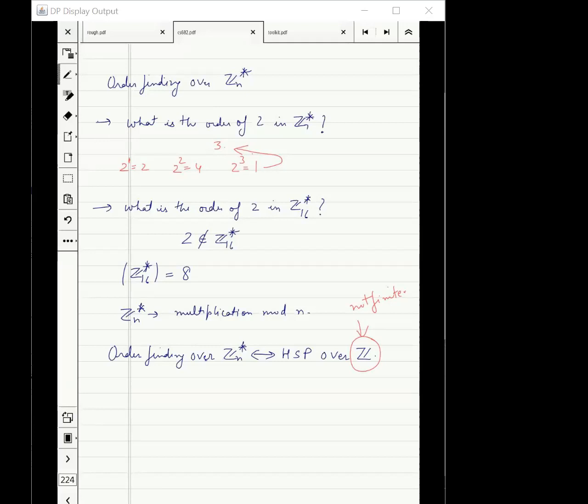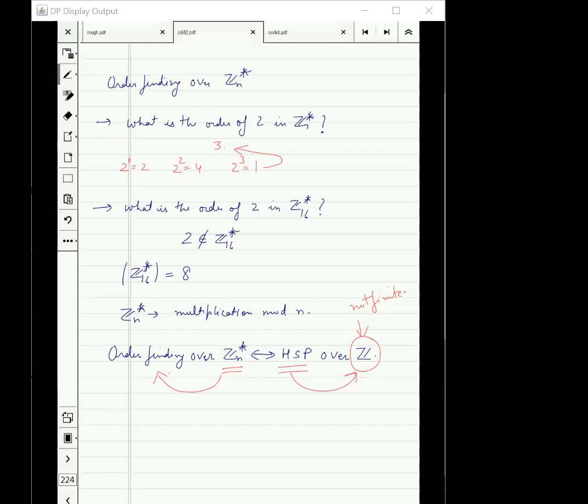Today, our job is to reduce factorization to order finding over Zn. Remember here that the group was abelian and finite, but then the problem was order finding. As soon as we move to HSP, the group becomes infinite, and that is the problem.